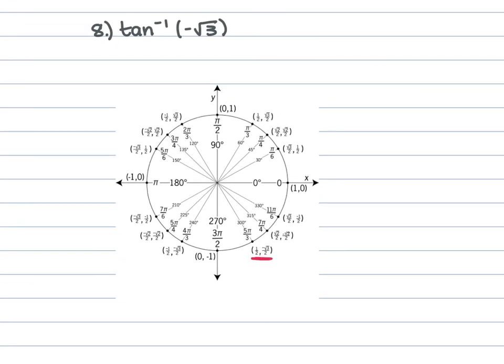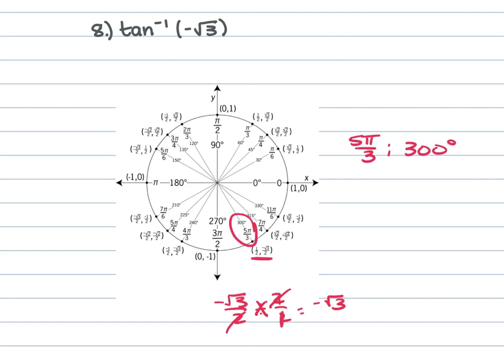If we did the negative square root 3 over 2 divided by 1/2, keep, change, flip. This is changed to multiplication. This becomes 2 over 1. These cancel, so that's just the negative square root 3. So this is the ordered pair that we're working with. So we are getting our answer from 5 pi over 3 and 300 degrees.